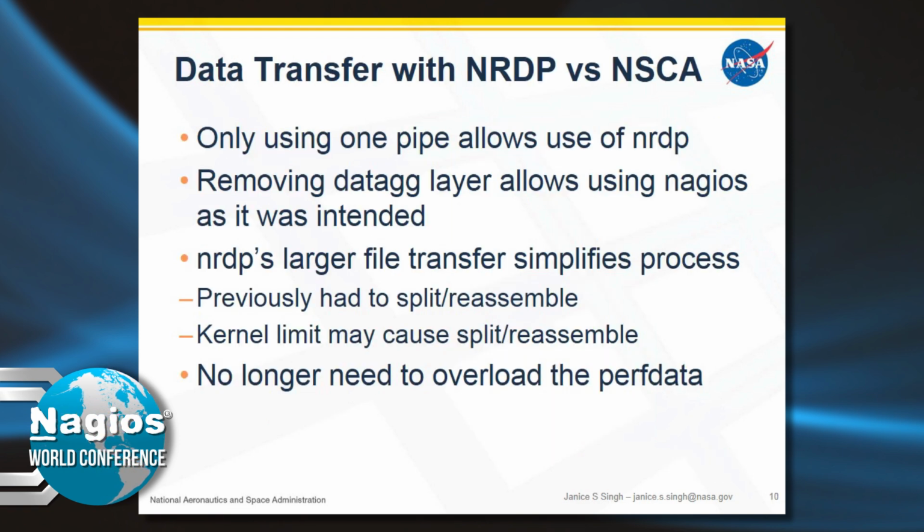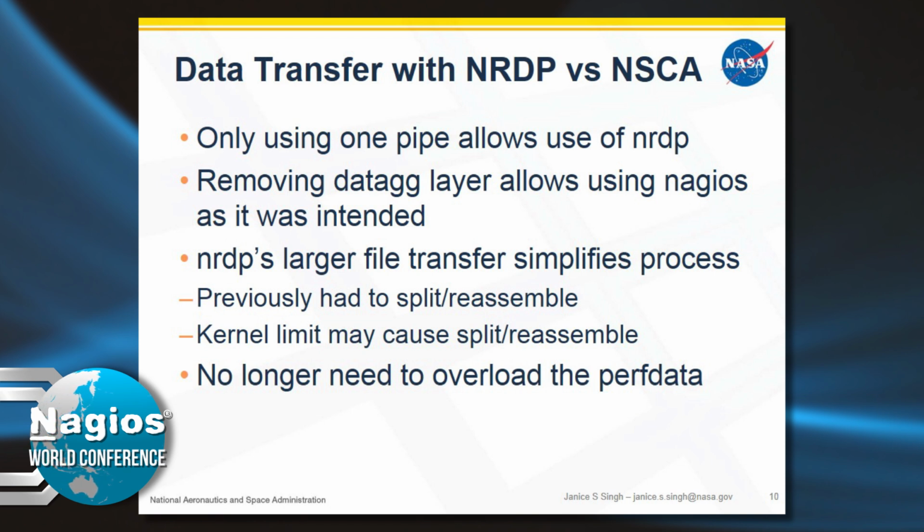DATAG needed that second pipe file because it was bypassing some data, and by getting rid of that, we were able to use NRDP. Again, by getting rid of that layer, we're just letting Nagios do what it does. It writes to the web interface, which is what it should do, and it just makes things cleaner.